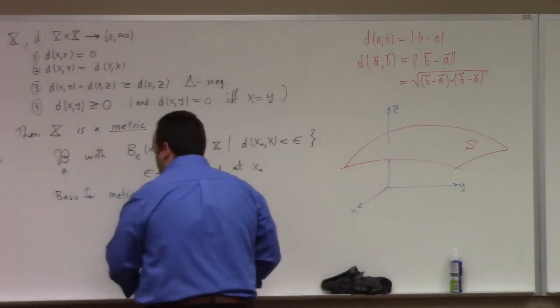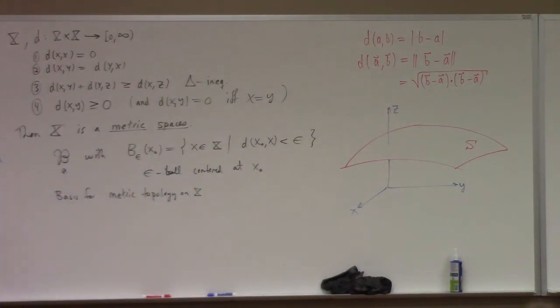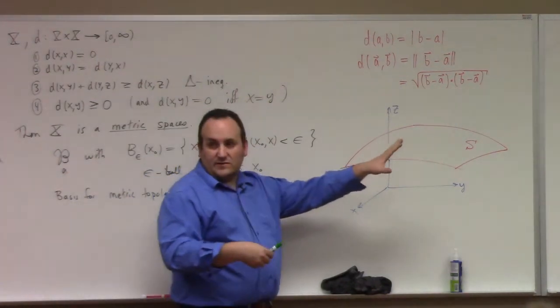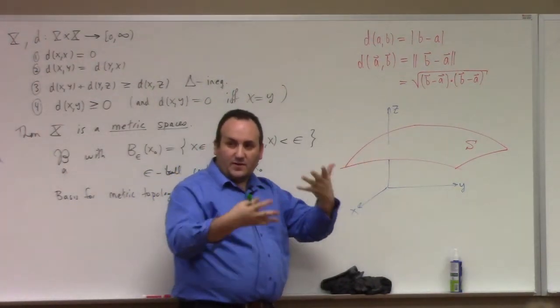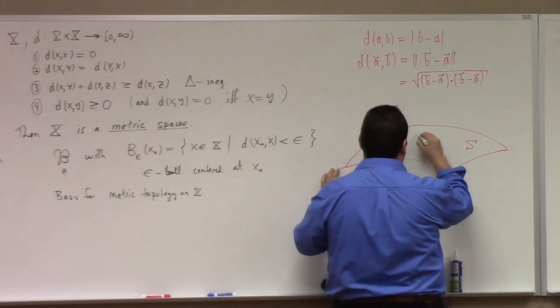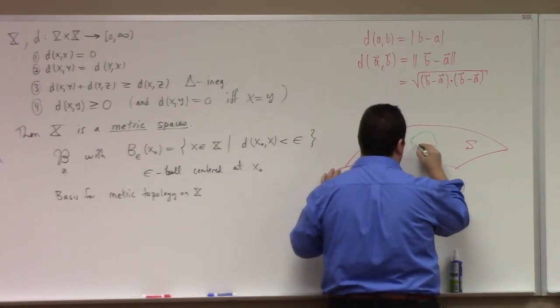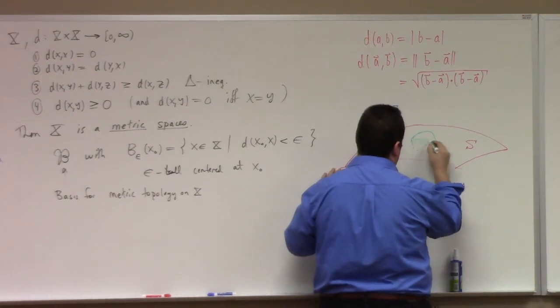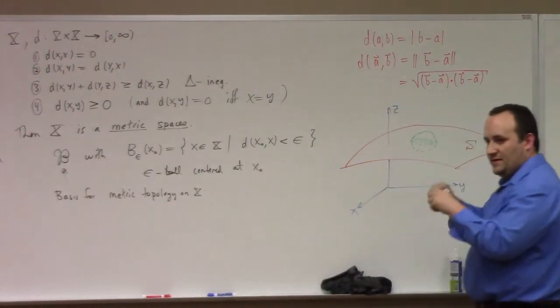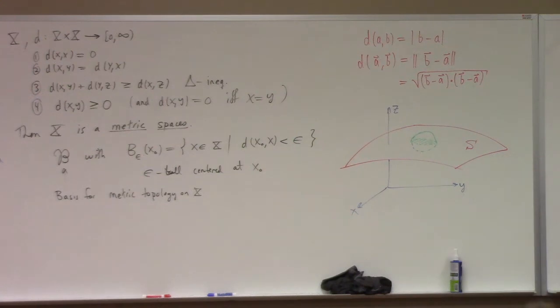So, to find the basis for the open sets in S, I can use the intersection of S with the open balls. It ends up being like little curvy open disks. Those form a basis for the open sets in S. Does that make sense? No.